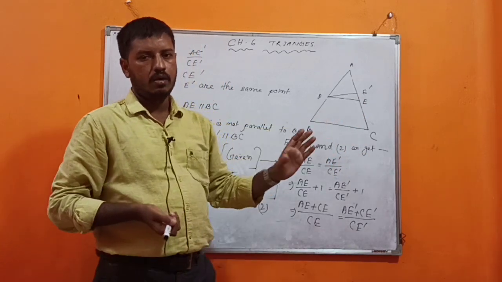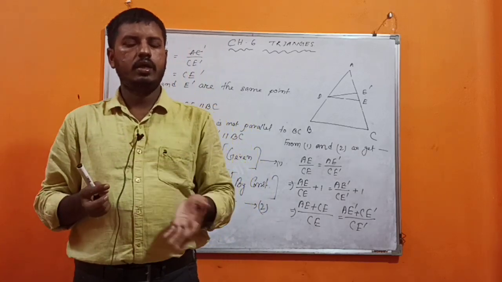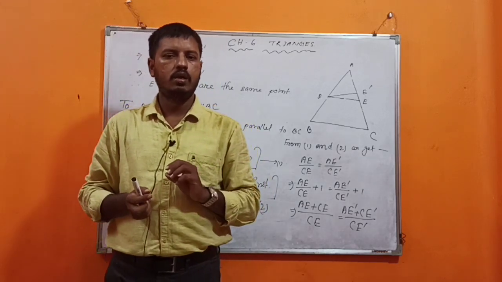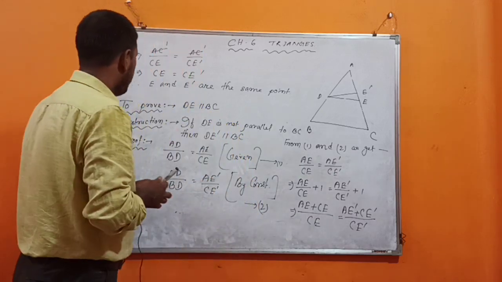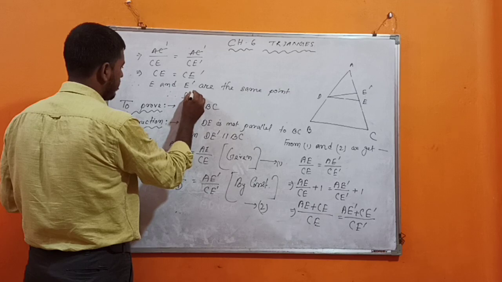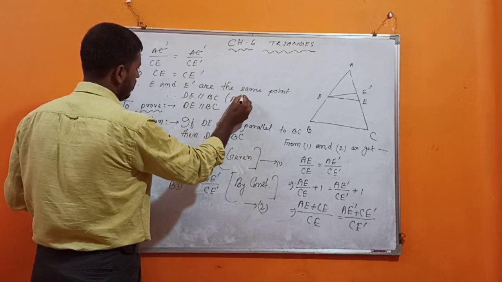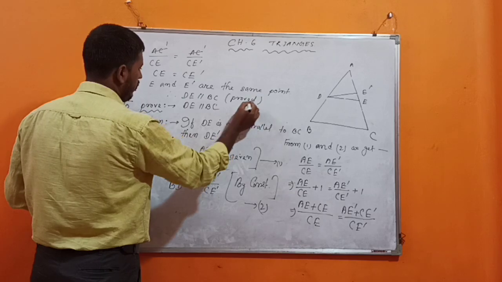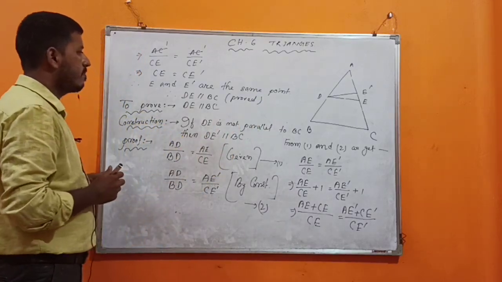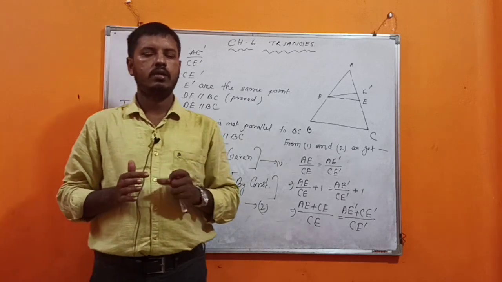This means DE dash will be on the line DE, and which proves DE is parallel to BC. Okay, so we can write, therefore DE parallel to BC. Okay, proved.